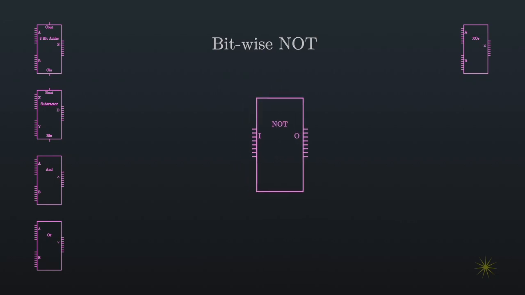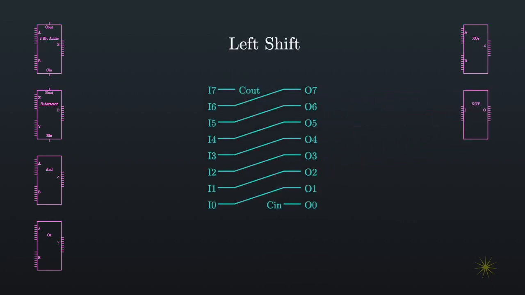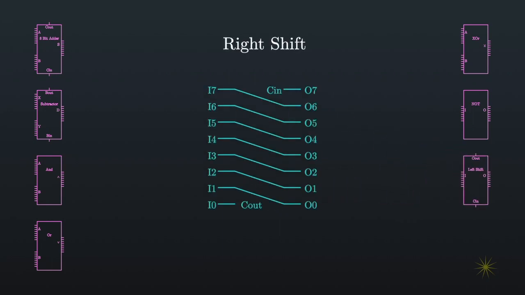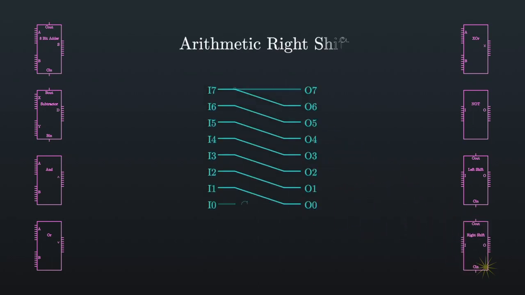And of course, we need our shift circuits. Notice something about shift. All it does is wire the output bits to the input bits by shifting the wires over one position. There are no transistors here. Right shift is the same, no transistors, just wires. And we will throw in what we call arithmetic right shift. This becomes useful when dealing with negative numbers, but again, that's beyond the scope of this video.